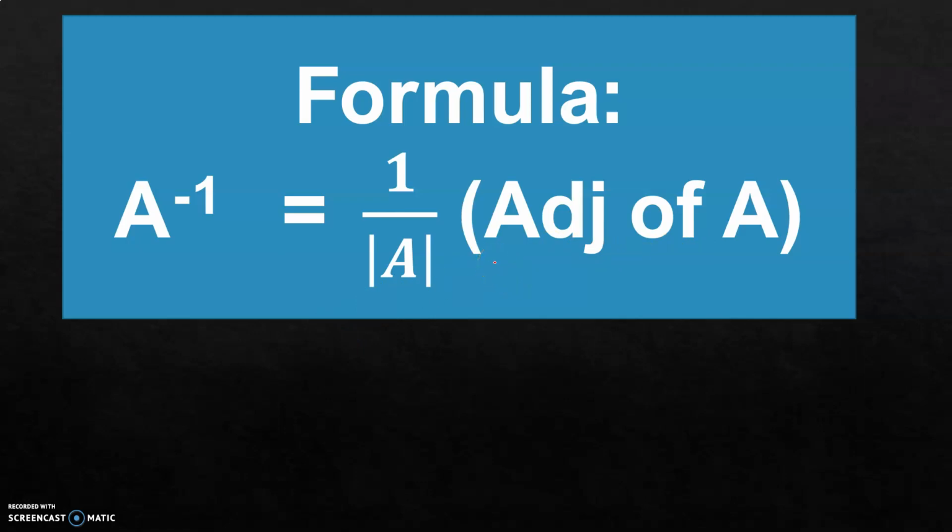So we know how to calculate determinant and adjoint of A. If you calculate these two, you can calculate A inverse. A inverse is equal to 1 by determinant of A into adjoint of A. So here we need to calculate the determinant and the adjoint of A.